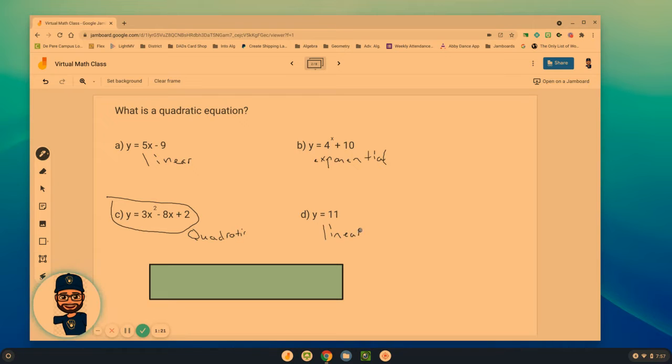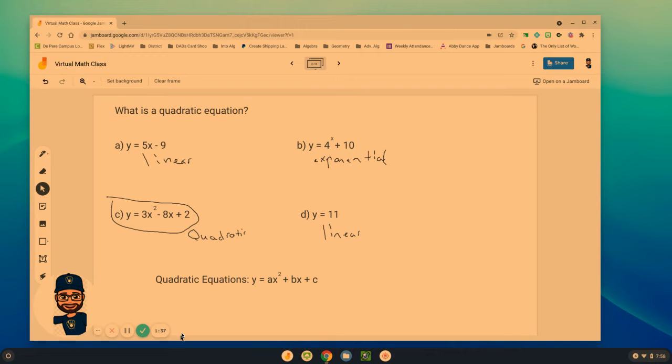It's a straight line left to right. And so the quadratic one was y equals 3x squared minus 8x. This one is definitely different than all of the other ones because it has two different x values, an x squared and the x. So remember, all quadratic equations are of that form, ax squared plus bx plus c. They have those two different x values.